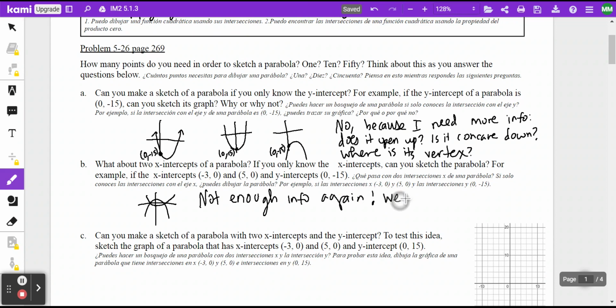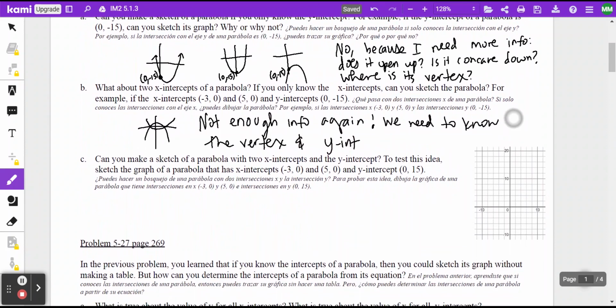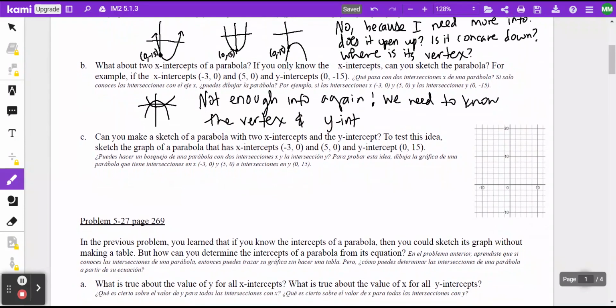We still need to know the vertex and y-intercept. Okay. So far, these questions are trying to get us to think about what the essential information is.